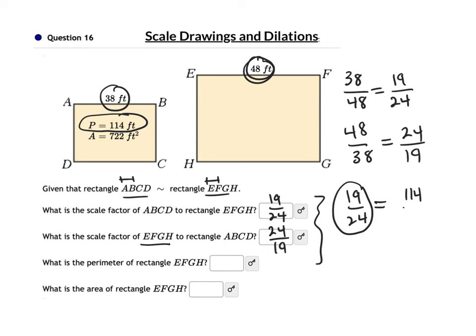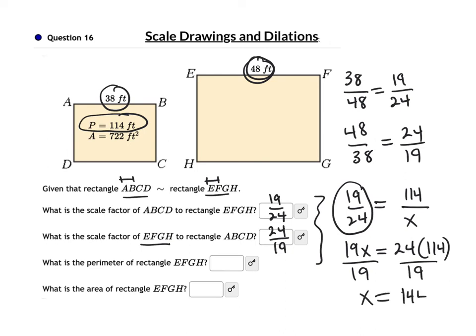We know the perimeters would be in that same ratio, they'd make the same scale factor. Cross multiply and solve, 19x equals 24 times 114, and divide by 19. And we get 144. So the perimeter is 144 of the bigger shape.